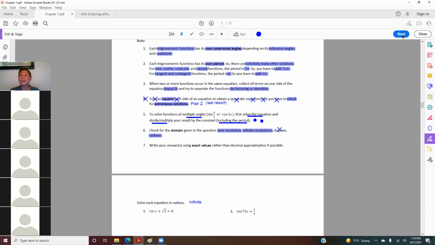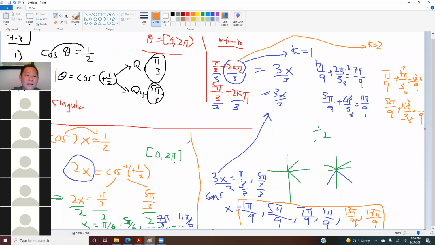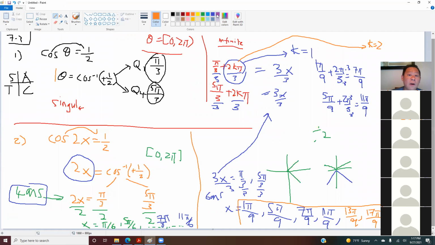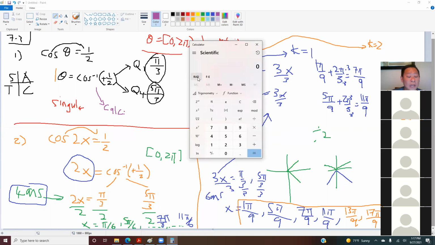And usually the last thing I'm pointing out here is I want your answer in exact form. What I mean by exact value is something like this. If you look at this, you can use your calculator to do the arc cosine of 1/2. But you will get it wrong, I can tell you that. Because this is in radians, you change your degrees to radians, and you do the arc cosine of 1/2. Remember the arc cosine, you have to use the second function.